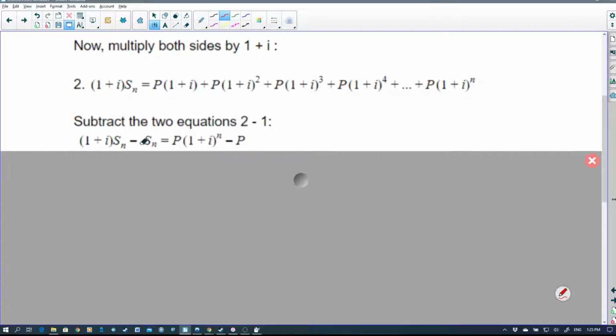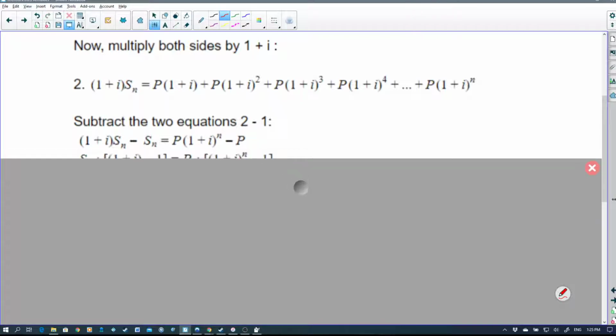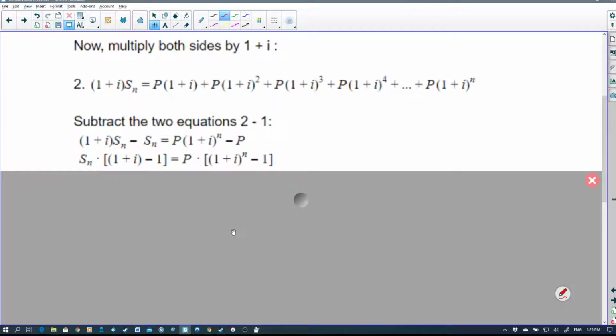We're then going to factor Sn from both of these terms, and we're going to factor P from both of these terms. That's going to give us this. So factoring Sn gives 1 plus I left over. Factoring Sn gives a 1 left over, and it's a subtraction. Same idea with the P on this side.